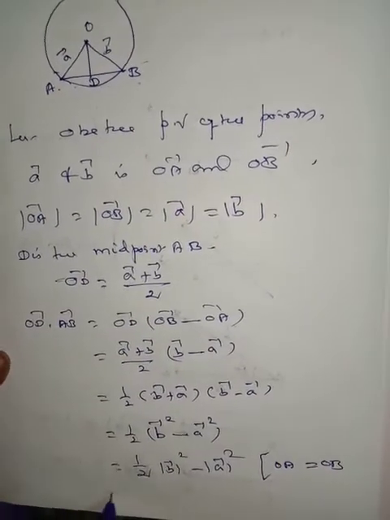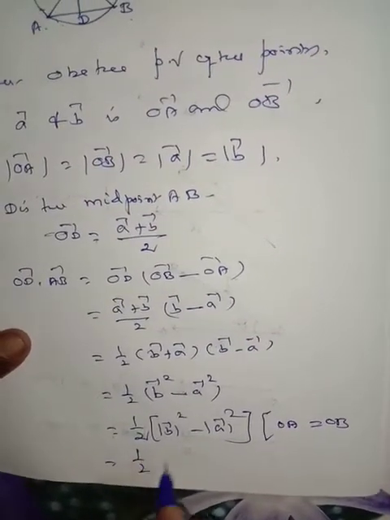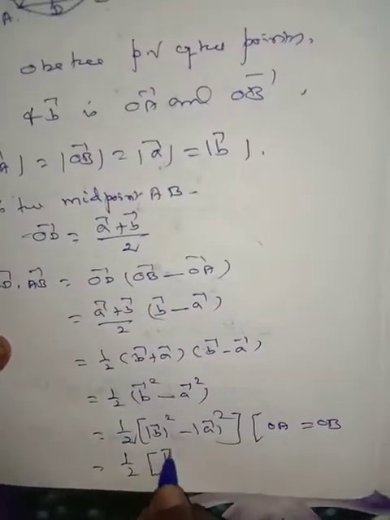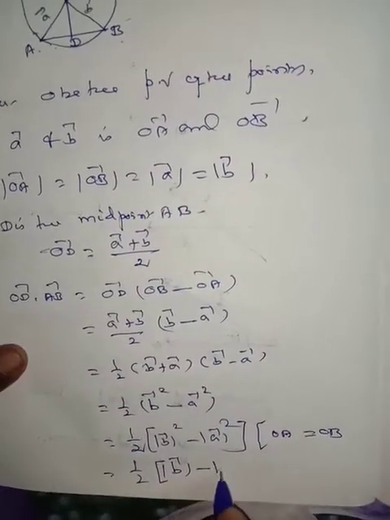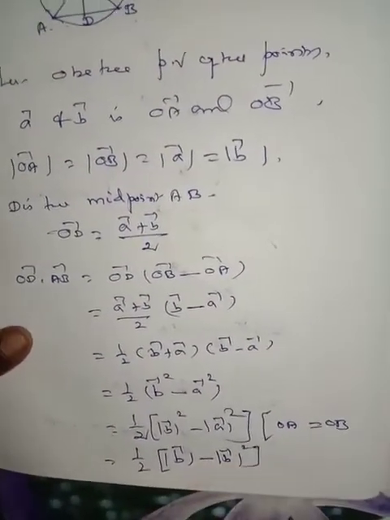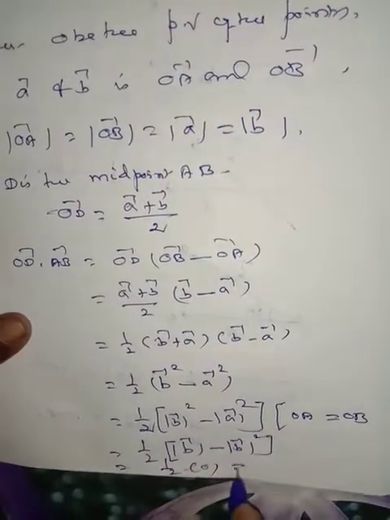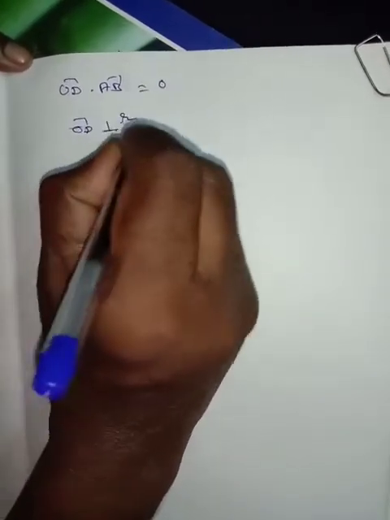Therefore these two are the same. 1 by 2 into the magnitude of B vector minus the magnitude of B vector. Therefore half into 0, half into 0 means 0. OD vector dot AB vector is equal to 0. This means OD vector is perpendicular to AB.